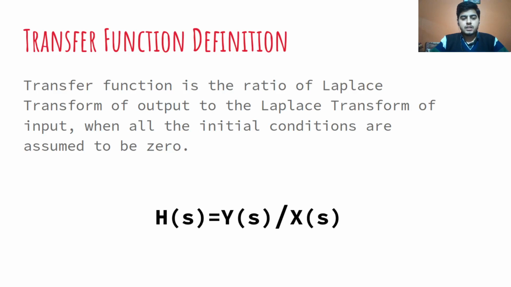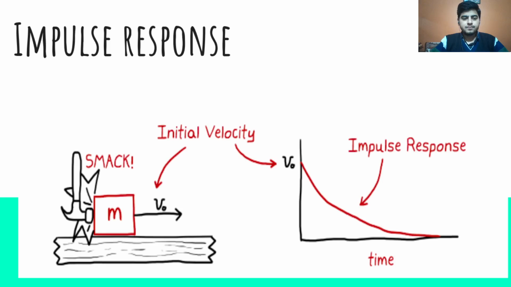To understand this, first we need to look at what impulse response is. So let's see what impulse response is, and after that we will be able to understand what transfer function exactly is.